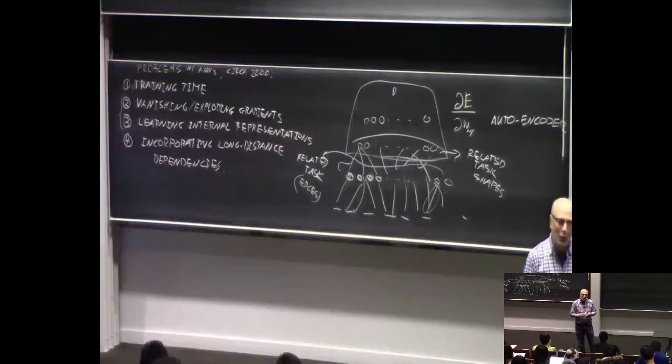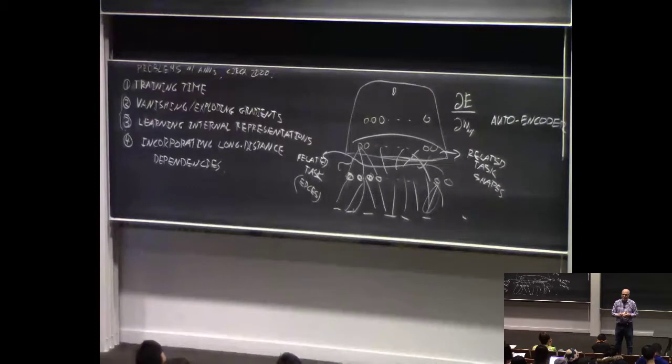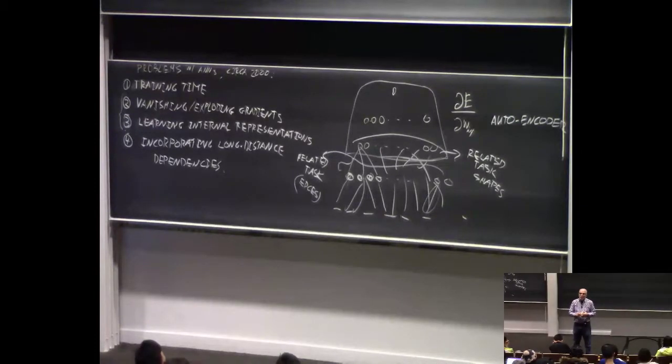Now we come to the autoencoder. If you don't have a good idea of what would be a related task, you can still start from the bottom and train the first few layers by basically asking them to shrink the representation, or by compressing the input representation. How do you do that?